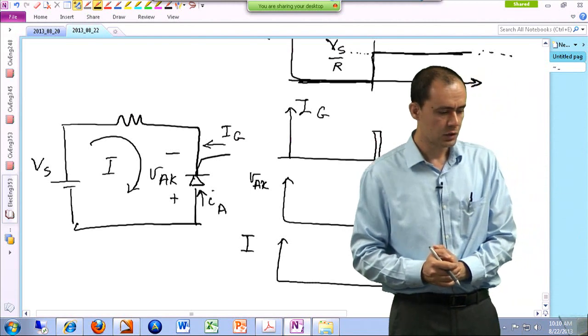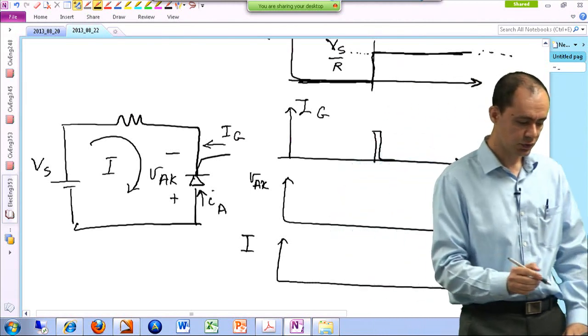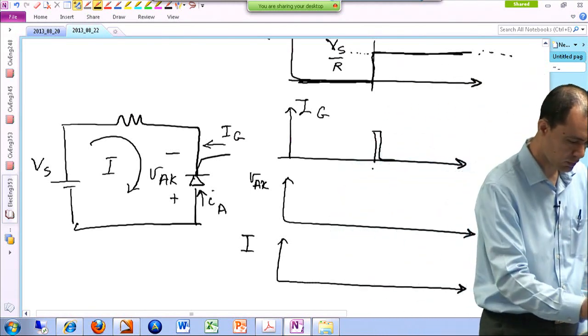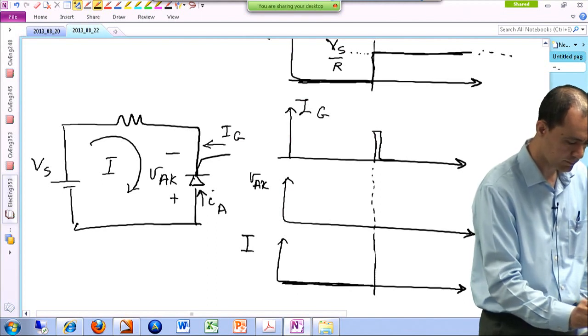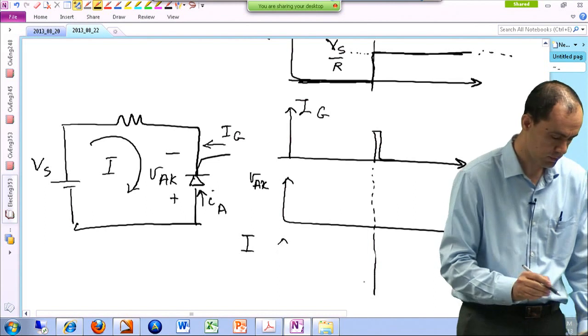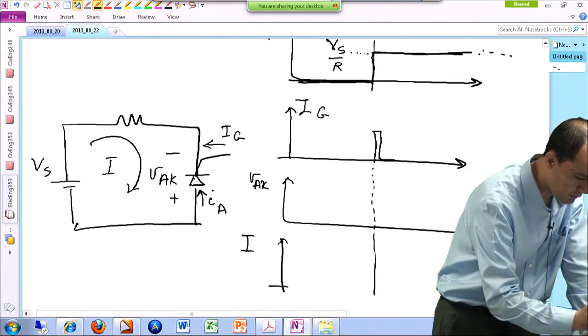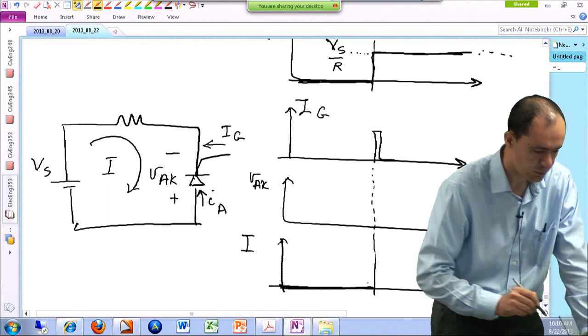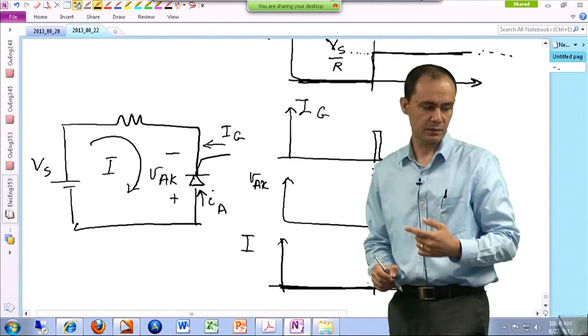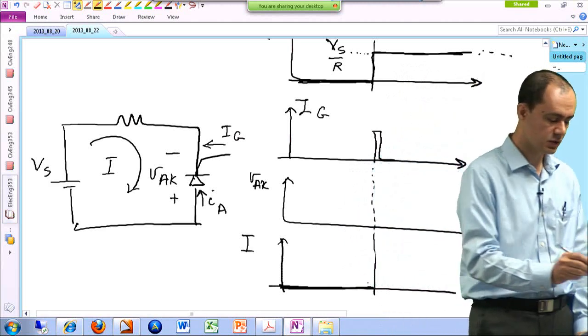Okay, so the device has not been triggered yet, so I'm pretty much sure there is no current passing through the device. So the current is 0. So if the current is 0, that means there is no voltage drop across this resistor.